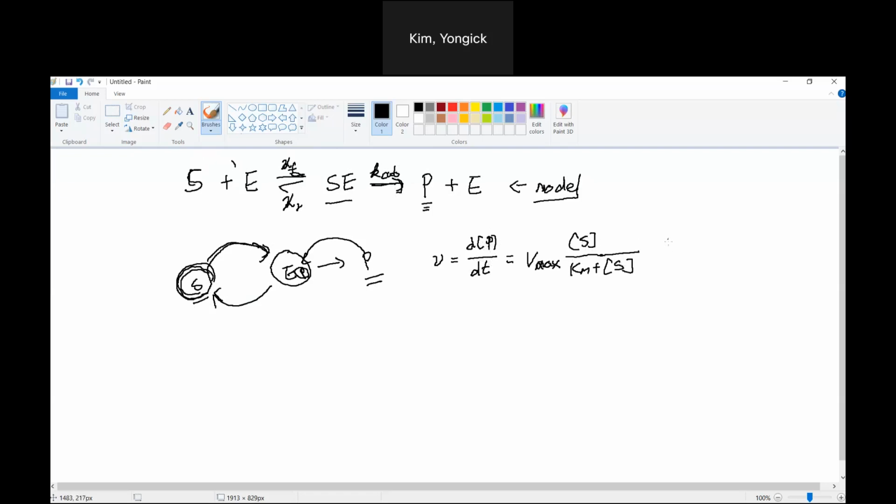This is the Michaelis-Menten equation. I uploaded another video on how to derive this equation from this model, so you can go over that video if you want to know how to derive it.